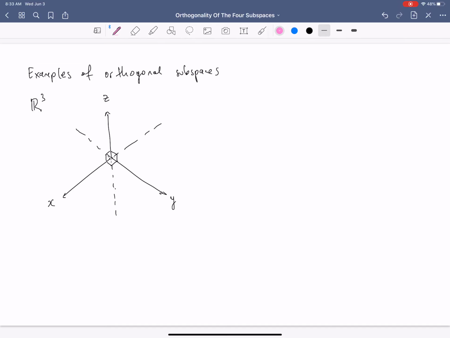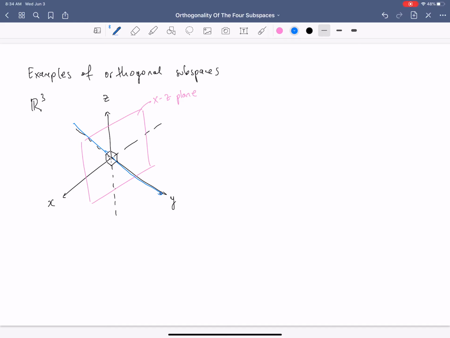So for example, let's take this plane, the xz plane. Then anything along the y-axis is orthogonal to it, right?